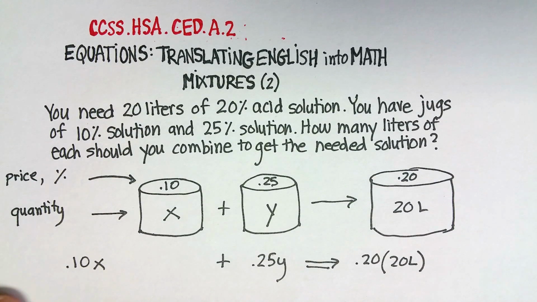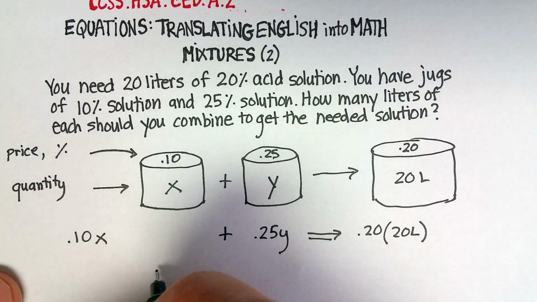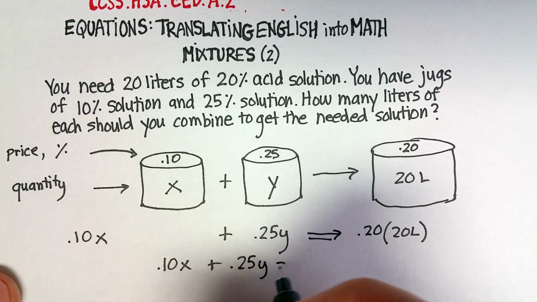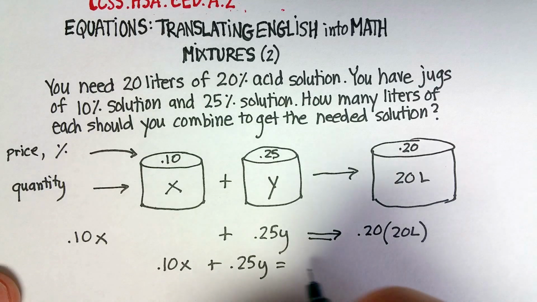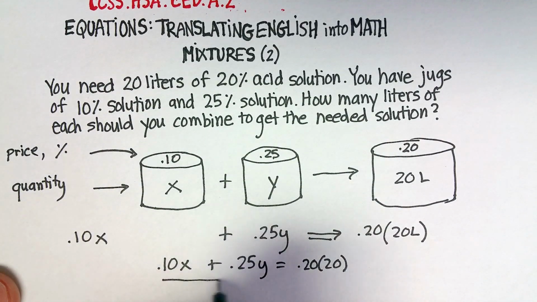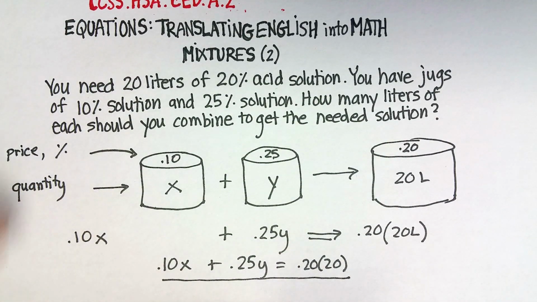And that would be my equation. I can clean this up a little: 0.10x plus 0.25y is equal to 0.20 times 20. And there I have translated this information in English into a mathematical equation. I hope that was helpful.